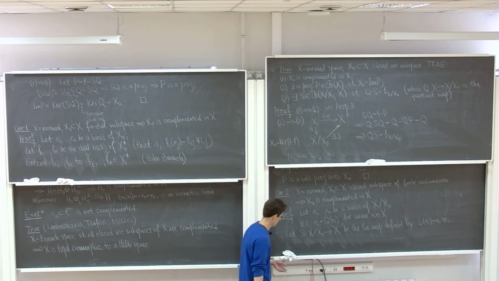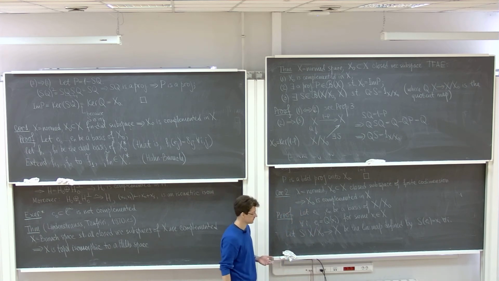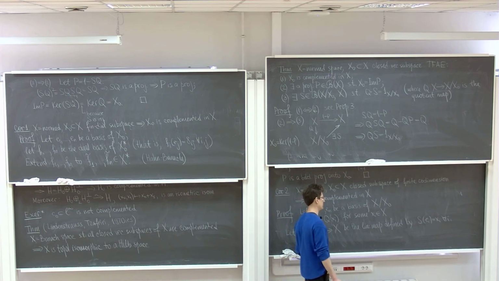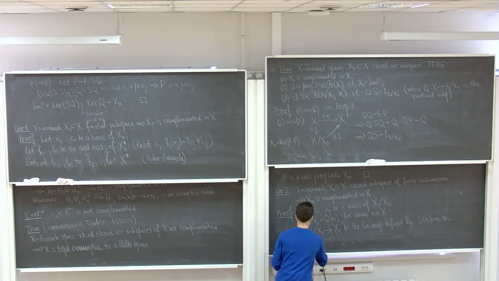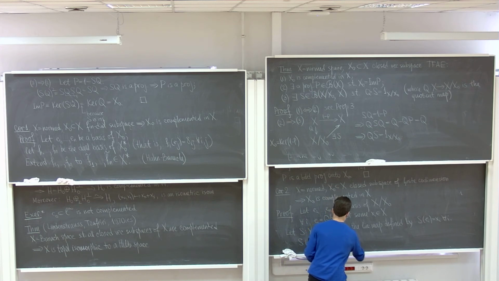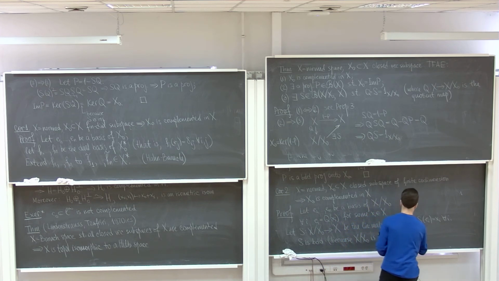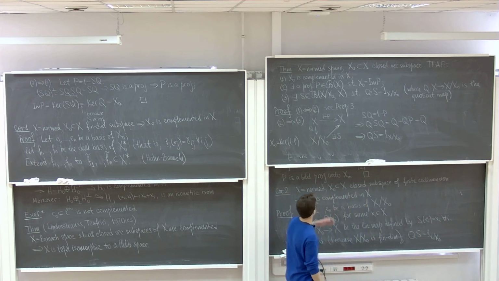So it is bounded because the quotient is a finite dimensional vector space, and all linear operators from any finite dimensional normed space to any other normed space are bounded. S is bounded because the quotient is finite dimensional. And by construction, QS is the identity map. So our theorem implies that X0 is complemented in X.